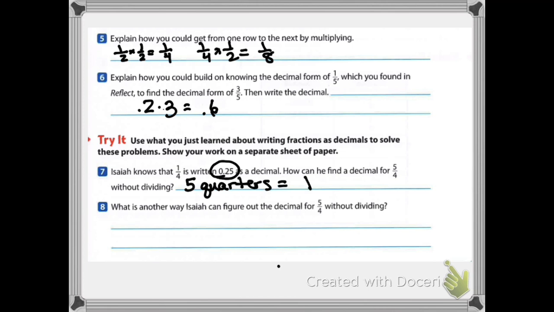And that's worth $1.25. What's another way he could do it without dividing? He could say that 25 times 5 equals 1.25.